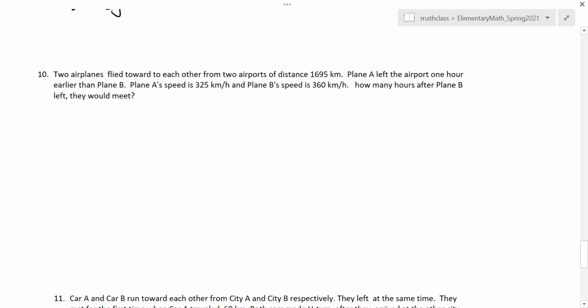How many hours after plane B left will they meet? Let's draw the picture. 1,695 kilometers. That's A, and that's B.